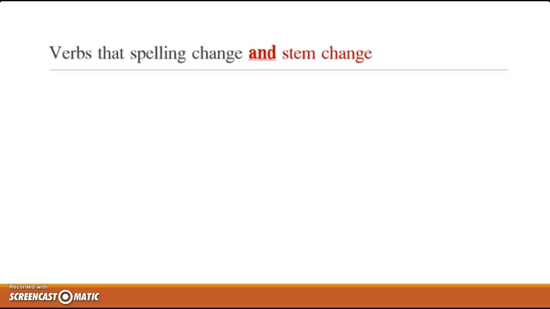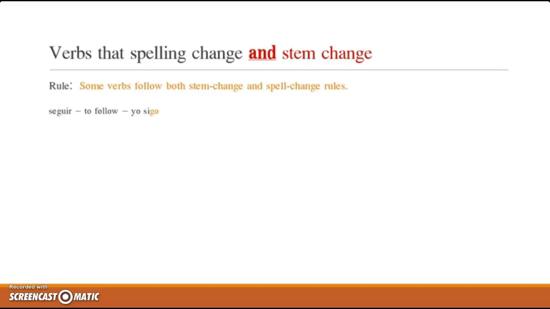Okay, so there's only a couple of verbs that do that. However, there are verbs that spell change and they stem change. So they're going to follow the stem change rules, which means they will stem change in the boot, and then they will follow spelling change rules, which means G's change to J's before O's and A's, and GU drops the U before O's and A's. All right, so we got to keep those 2 rules in mind as well as boot verb rules.